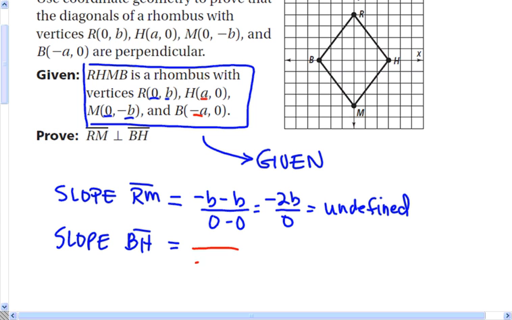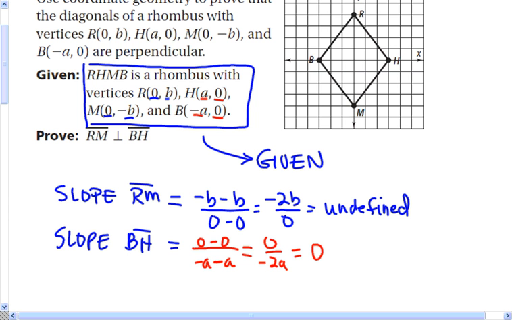So negative a minus a on the bottom. And then on the top, we're going to take the y-coordinates and subtract those, 0 minus 0. And that gives us 0 over negative 2a, which is equal to 0, because 0 divided by anything is 0. So RM has an undefined slope, BH has a slope of 0.